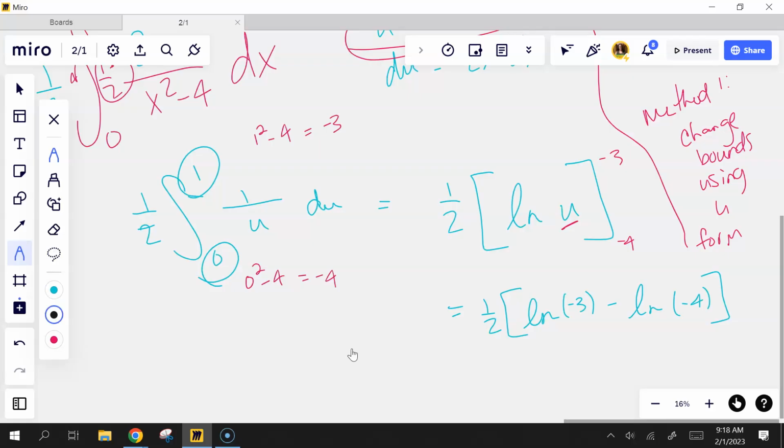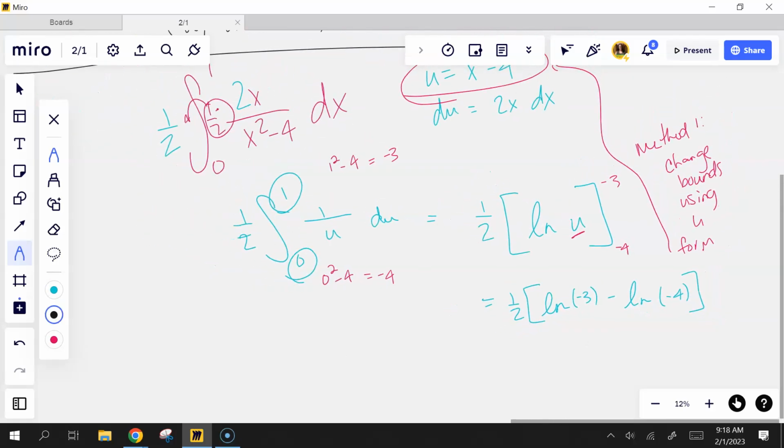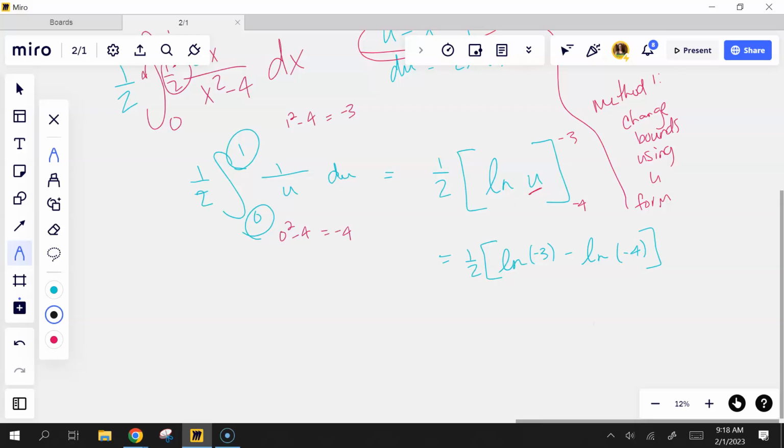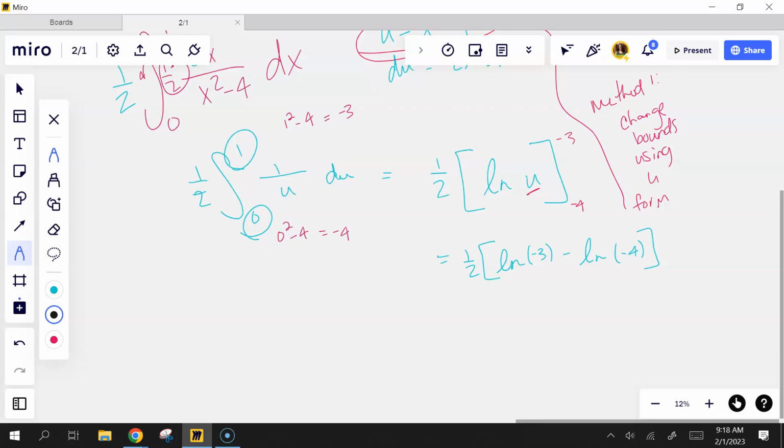Method 2, and really I don't have a preference either way. You just have to remember that something has to be adjusted. Method 2, you leave the bounds alone and substitute your u back into your equation.